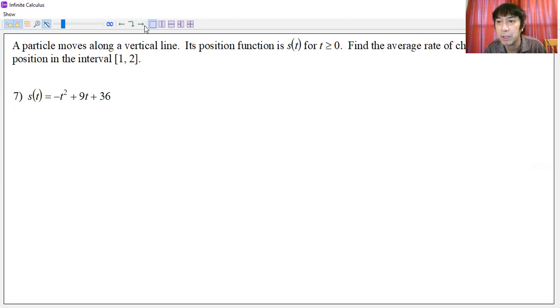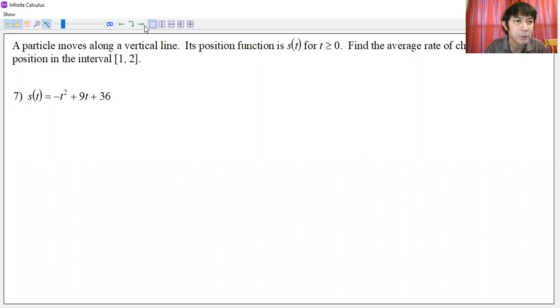Our t stands for time, so we will not use a negative time. Find the average rate of change of its position in the interval 1 to 2. That will be the given interval, of course, 1 and 2 is for the letter t.